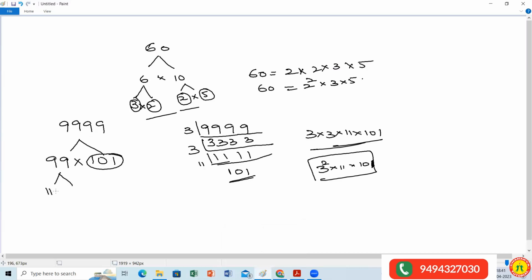You can further write the product of 11 nines are 99. 11 is a prime number. Further 9 can be split: 3 threes are 9. 3 and 3 are prime numbers. Now you can express 3 into 3, 11 one time and 101. You can even write these as prime factors.